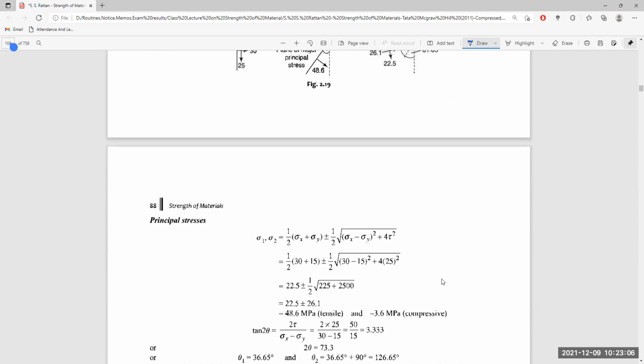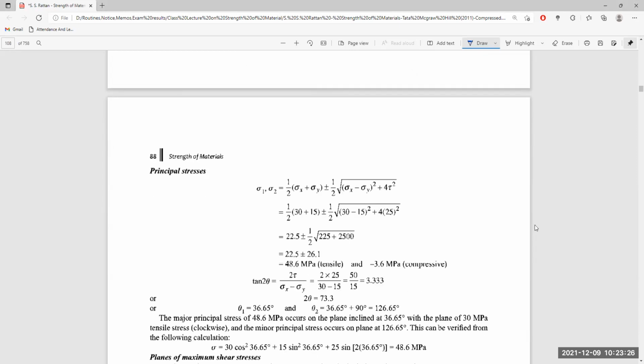The value of the principal stress: sigma x and sigma y are known, tau is known. So we get the values as 48.6 MPa tensile, the maximum, and minus 3.6 MPa compressive.